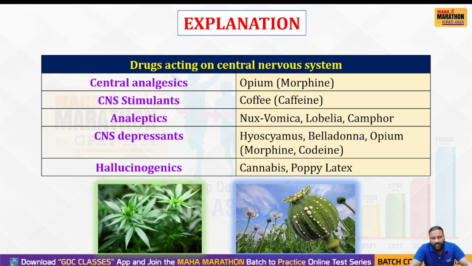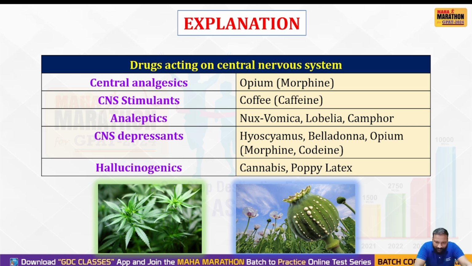Some examples of drugs acting on the CNS by different mechanisms of action: CNS analgesics are opium or morphine, stimulants are coffee, analeptics like nux vomica, lobelia and camphor. CNS depressants are hyoscyamus and belladonna, opium, whereas the hallucinogens are cannabis and poppy latex.